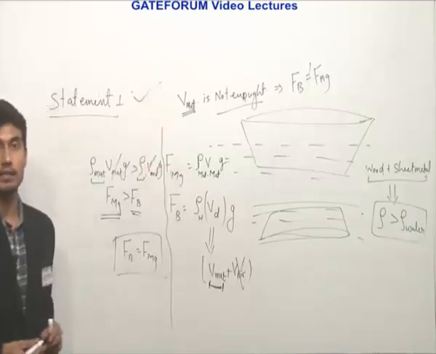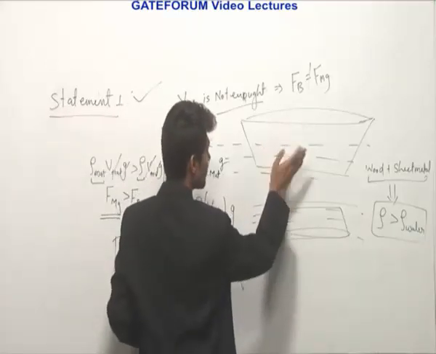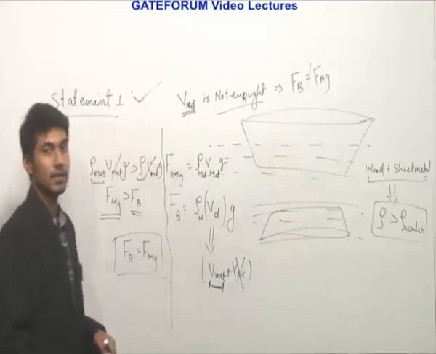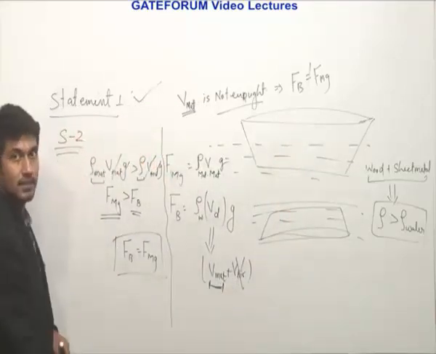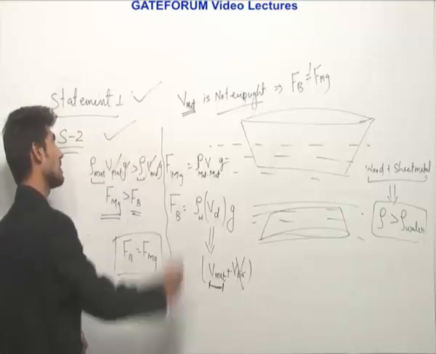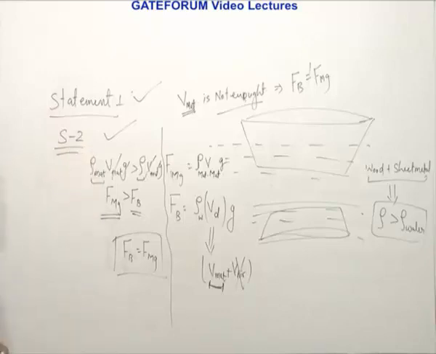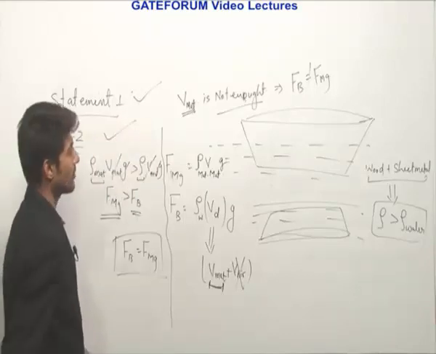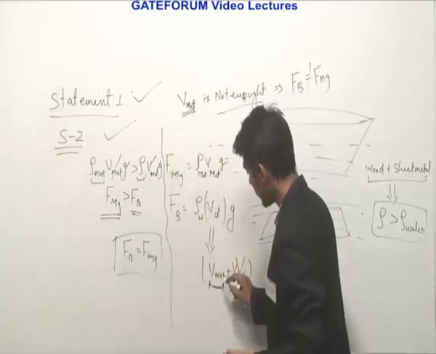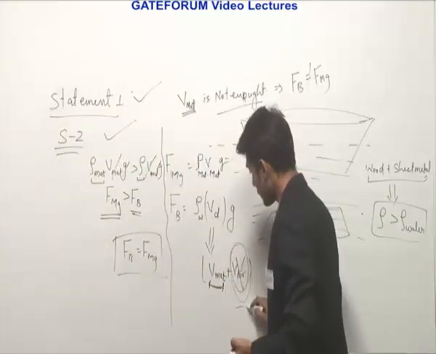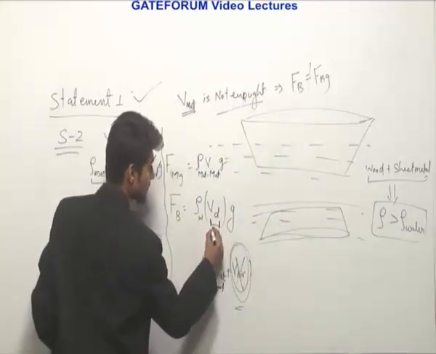Statement 1 is right. It says that the boat can float if hollow face is upward, and the boat will sink if it overturns. And statement 2, which suggests that buoyant force always acts upward, is also true, but this upward direction is not helping out statement 1. Statement 1 is true because when hollow face was upward, there was one more volume added, that was volume of air, to the displaced volume.